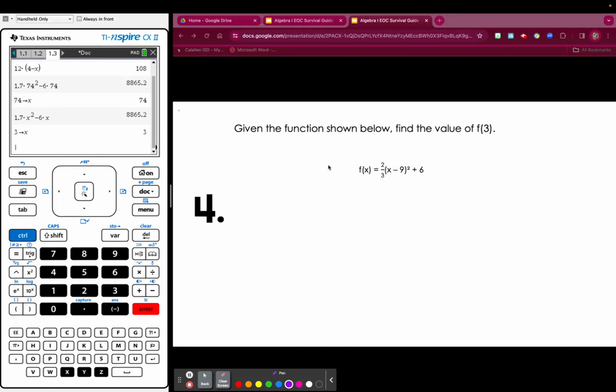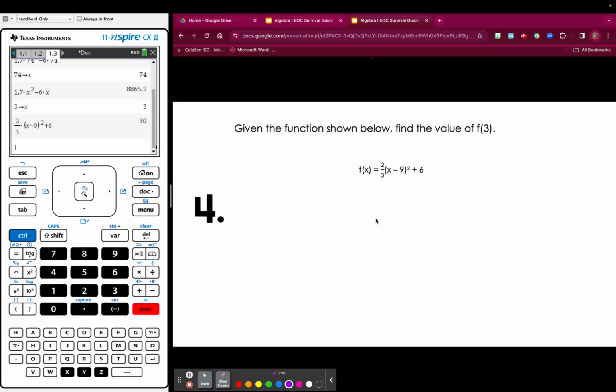All I now have to do is type in my function. Control divide, 2 on top, 3 on the bottom, step out of my fraction, parentheses, x minus 9, close your parentheses, squared, plus 6. When you do that, you're going to get back 30. So here, my answer is 30.